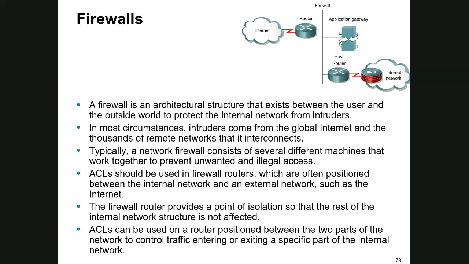Okay, let's look at firewalls. What's a firewall? Well, your home router has a firewall. It has some features that will protect your home network from traffic coming back in that you didn't ask for. For example, when you open up a website, there's the TCP handshake that opens the channel, and only traffic that comes back from that web server with matching sequence and acknowledgement numbers will be allowed back in.